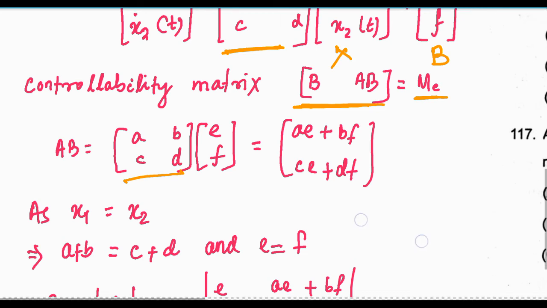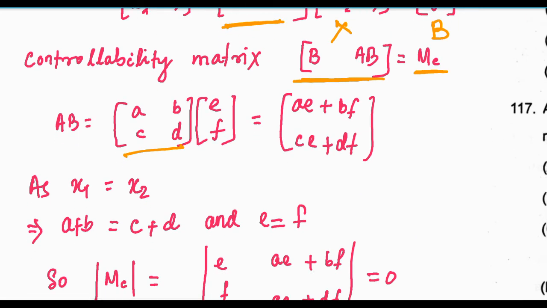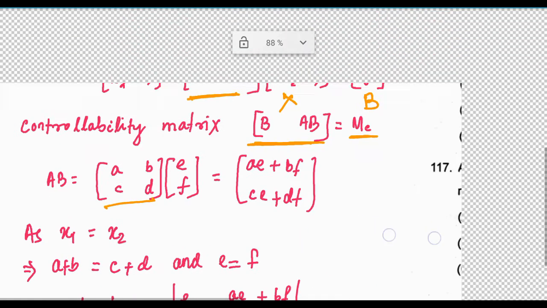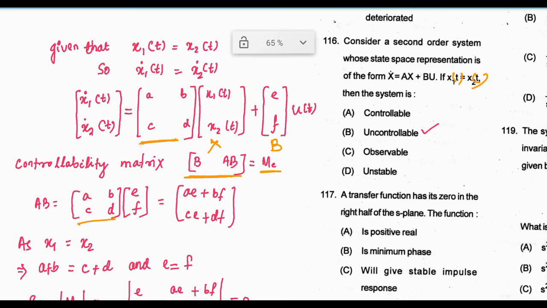Now we already know that x1 is equal to x2. If x1 is equal to x2, then what will happen? This one is equal to this one, and this one is equal to this one. So A plus B, because this one also will be equal to this one. x1 dot is equal to A x1 plus B x2, and x2 dot will be C x1 plus D x2.